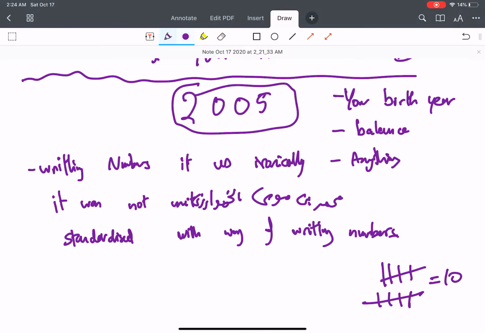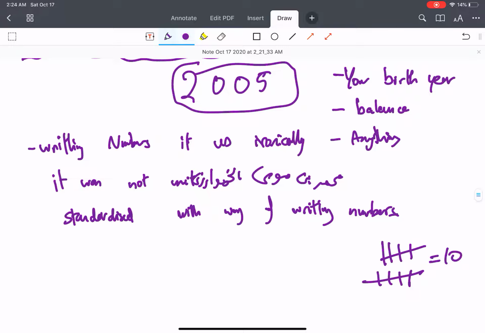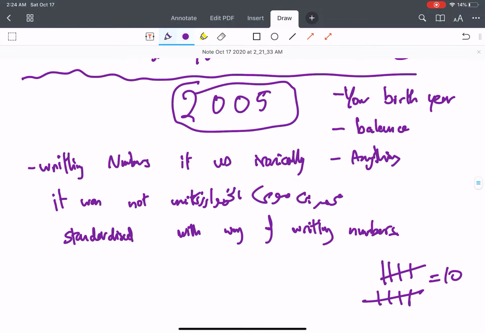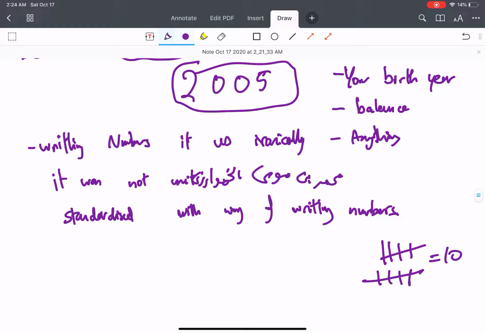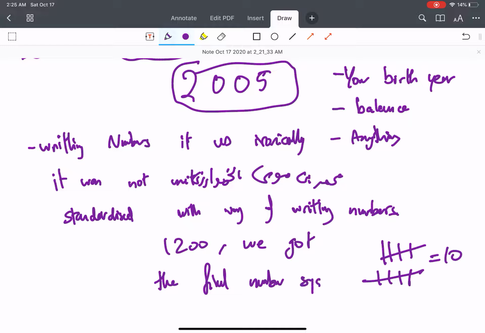The number system you see today actually emerged after thousands of years of trial and error. Humans started to experiment with different number systems, and it was not until some 850, about 1200 years ago, that we got the final number system we use today.